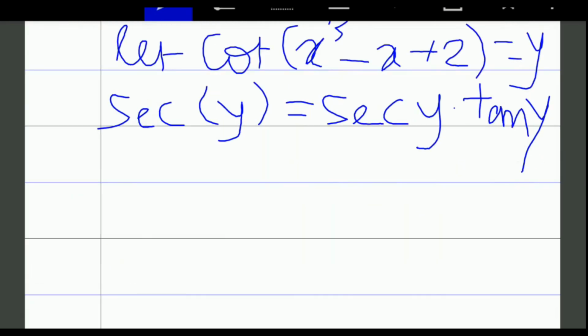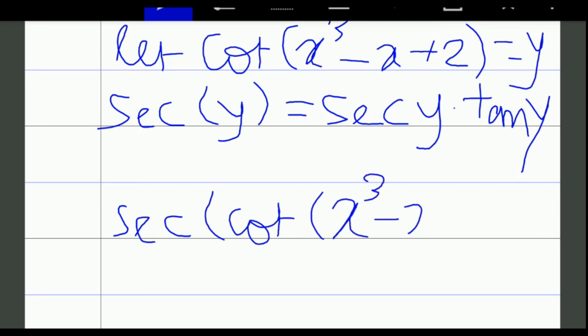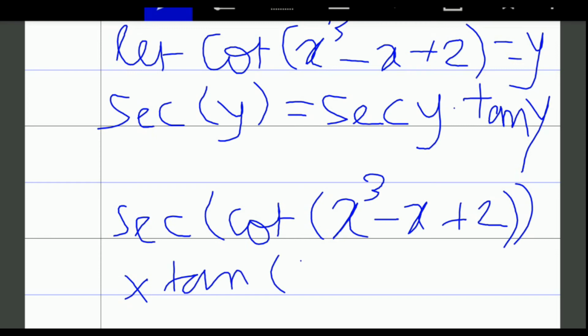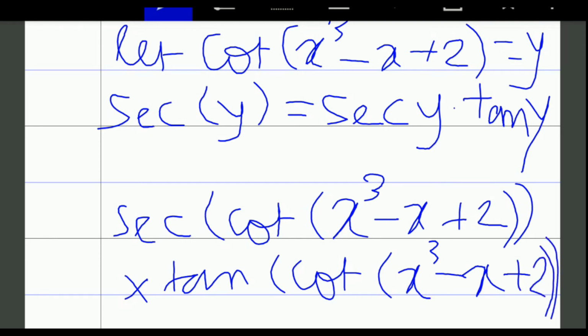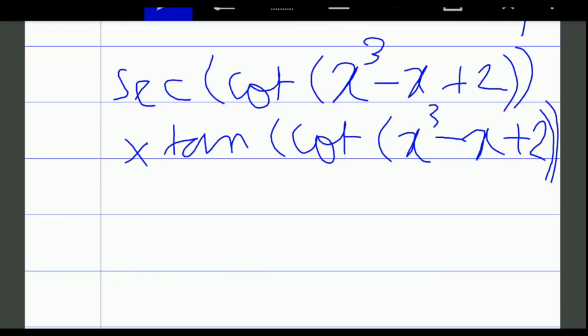Now replacing y with this term, that is sec of cot of x cube minus x plus 2 into tan of cot of x cube minus x plus 2. So differentiation of sec is done.